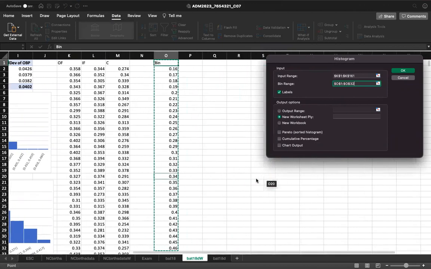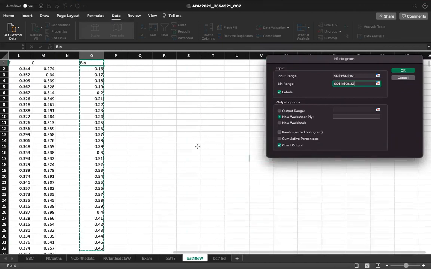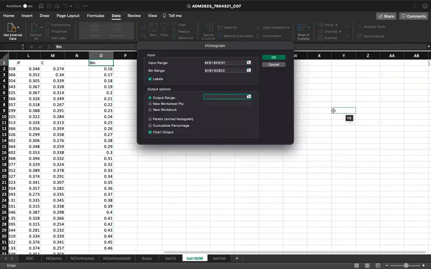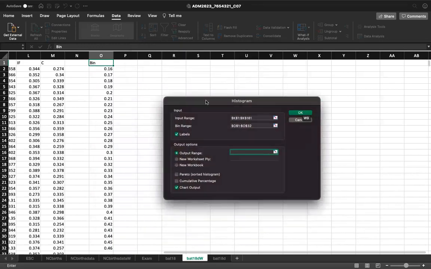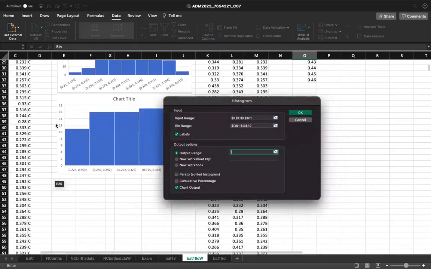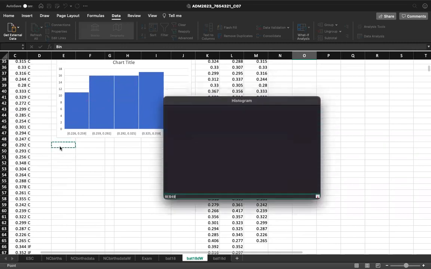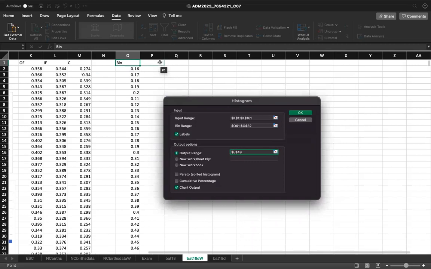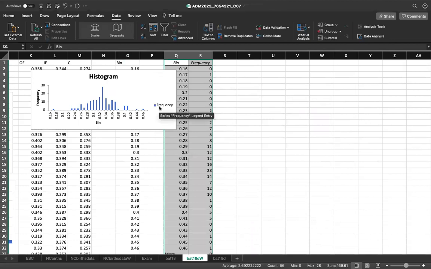And we want to have the chart output. Where we want to place it, let's change it to a new range, and let's place it next to it. Okay, so we got the histogram.